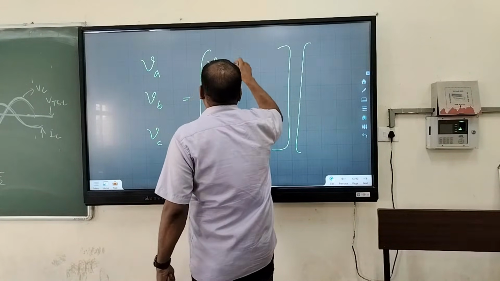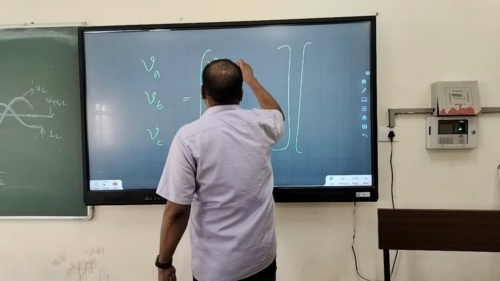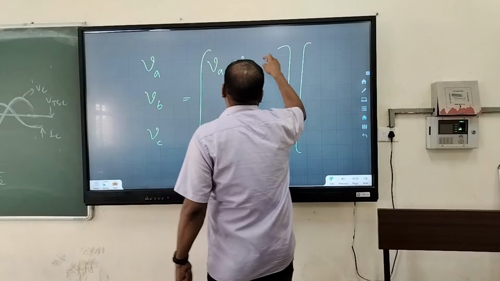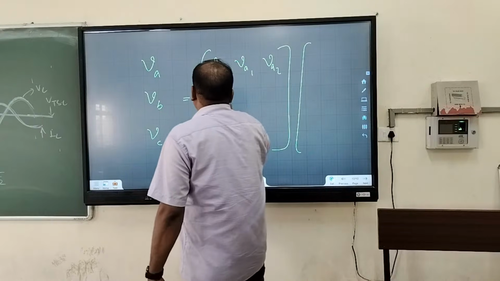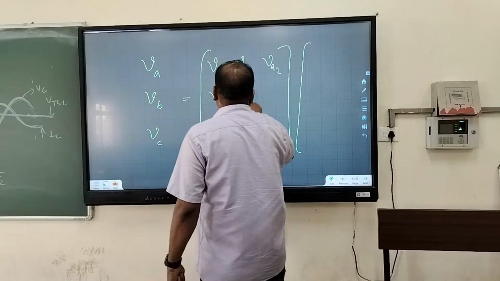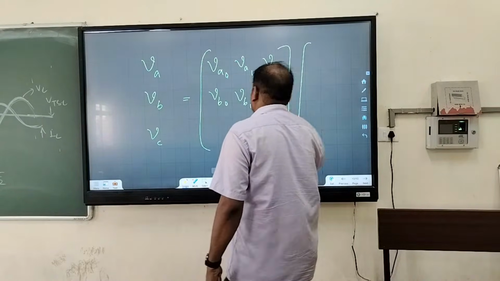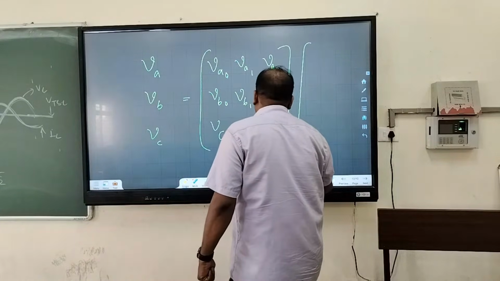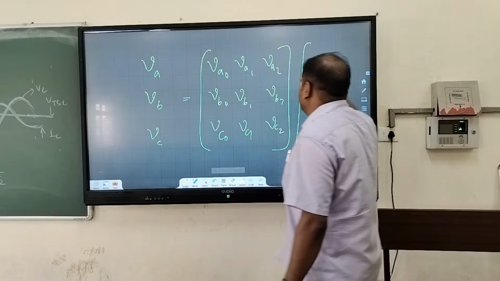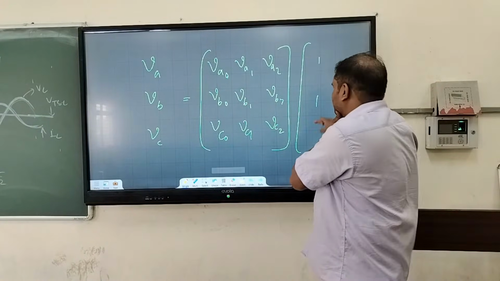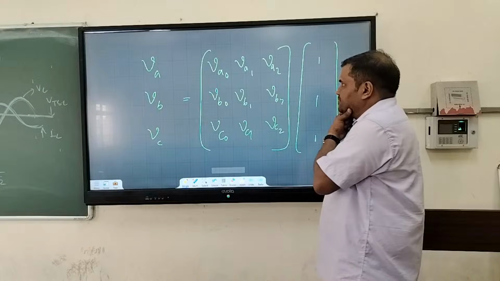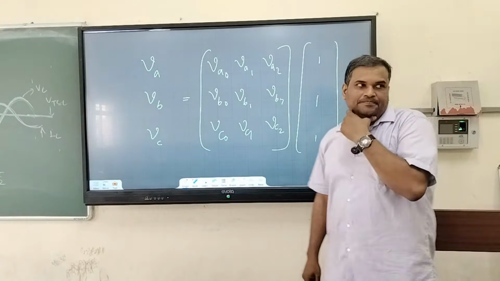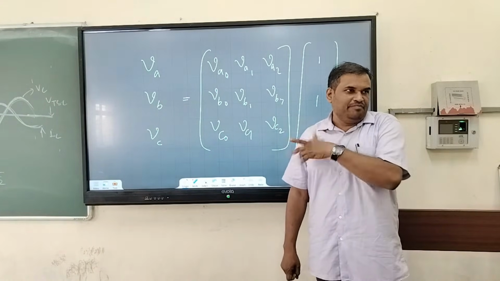Don't write it, because you have already seen this in the video there. I think you know it. VA0, VA1, VA2, VB0, VB1, VB2, VC0, VC1, VC2 is the sum of all three, right? So here I can say 1, 1, 1 at this point of time. Right? Matrix complete.